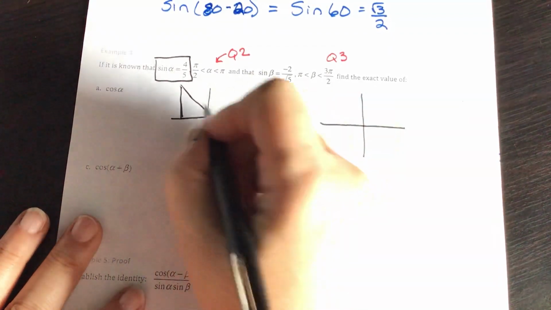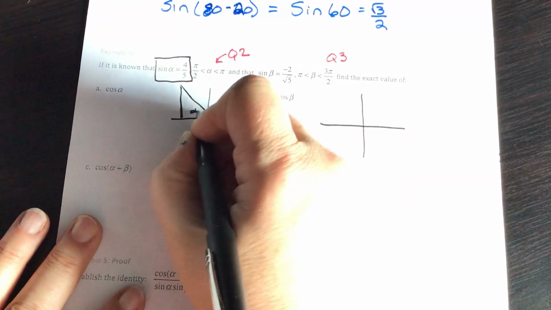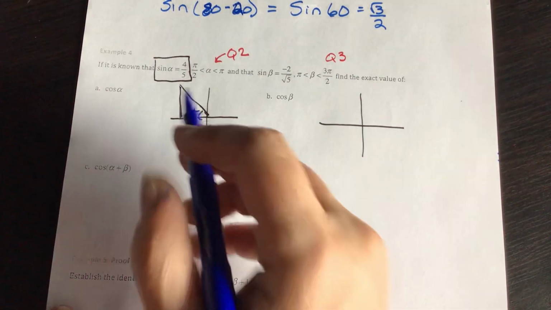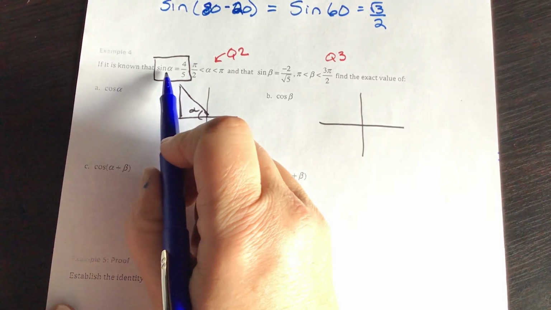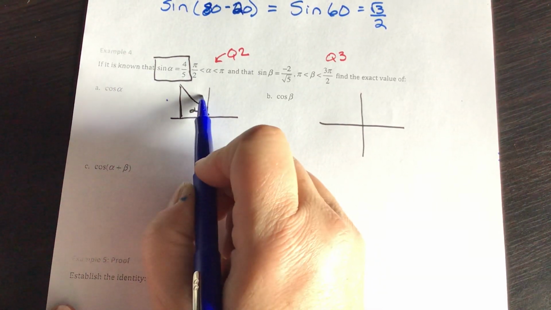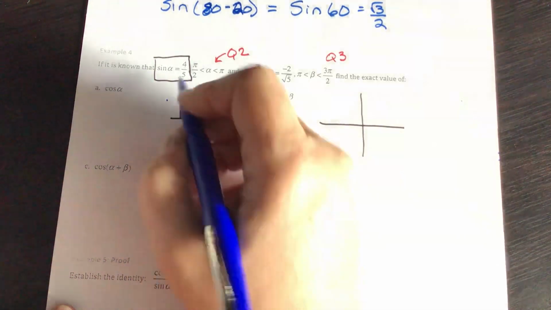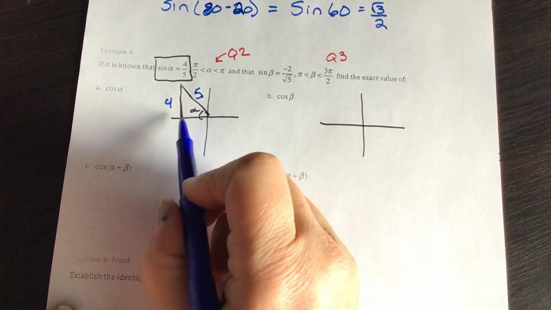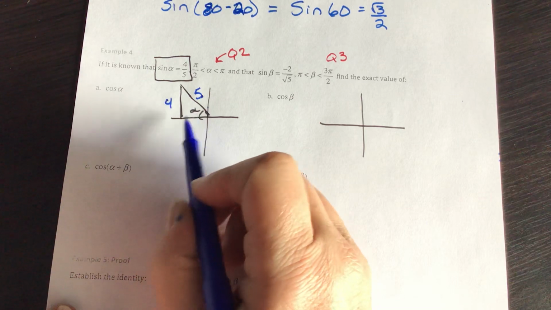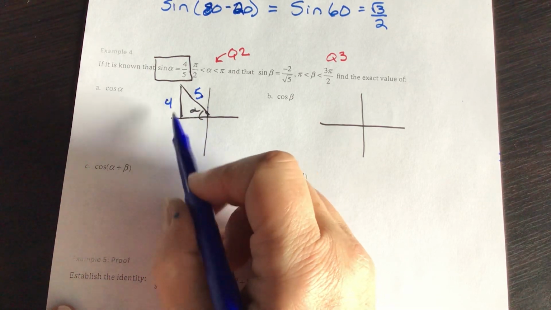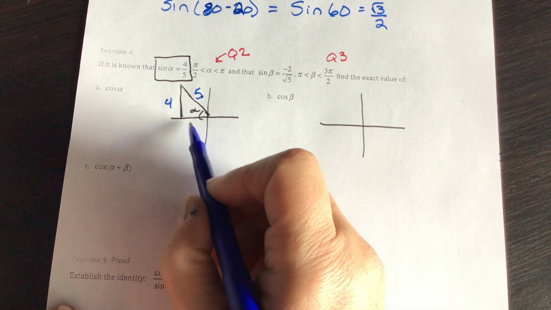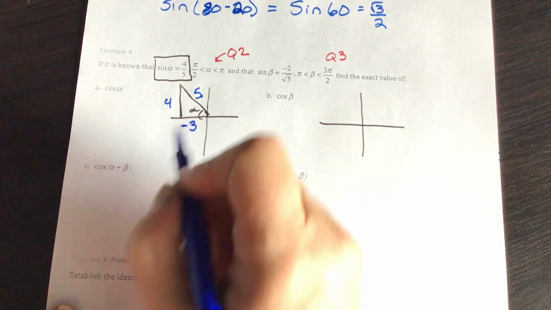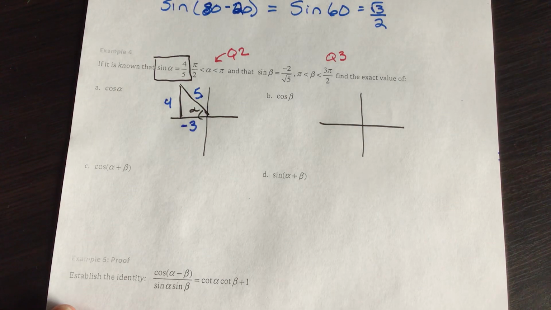So this is alpha, or our angle A, and we know the sine of that angle is opposite over hypotenuse, so the side opposite is 4, the hypotenuse is 5, and down here, if we remember some Pythagorean triples, 3 squared plus 4 squared is 5 squared. So this side is 3, but it's in the negative direction.